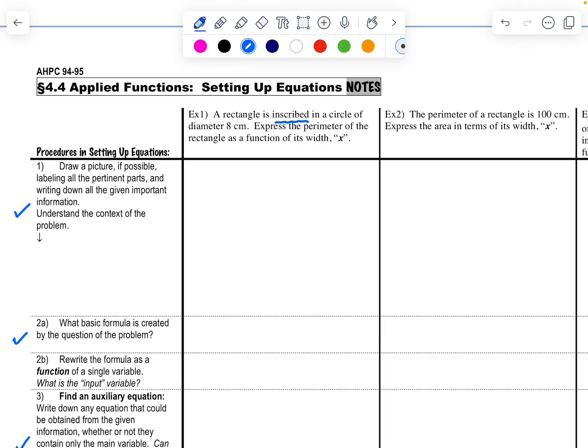That basically means that the rectangle is inside of the circle. It has a diameter of 8. Express the perimeter of the rectangle as a function of its width, x. So we're going to have to explain what this means at some point. See if you can draw the picture of a rectangle inscribed in a circle with a diameter of 8.